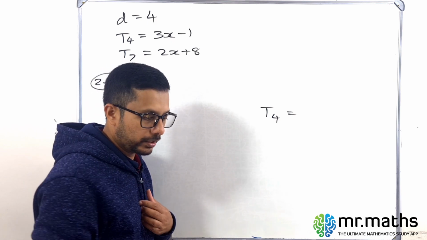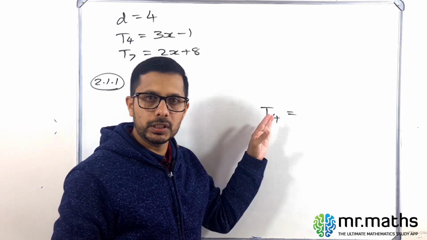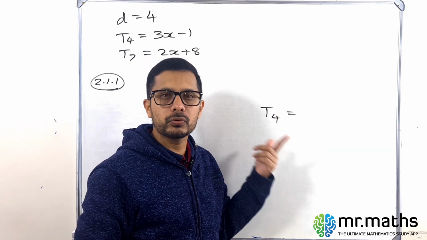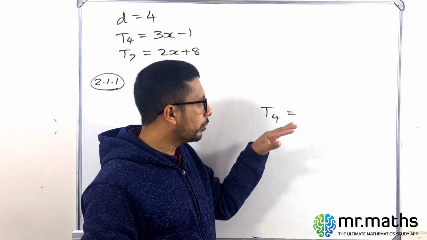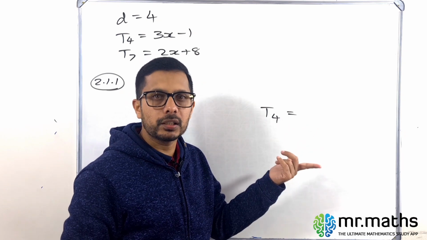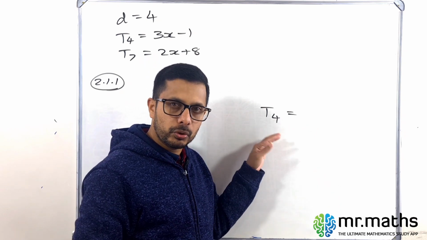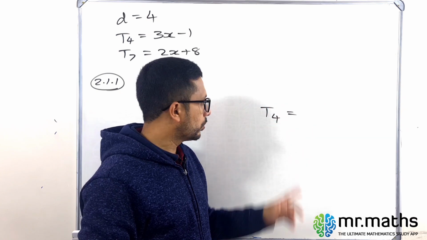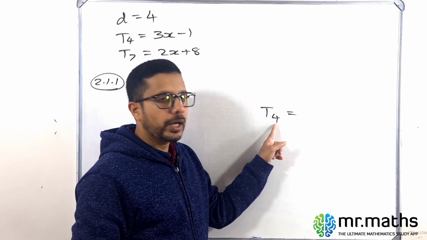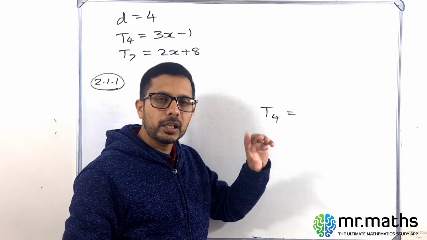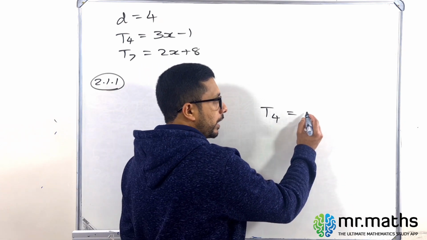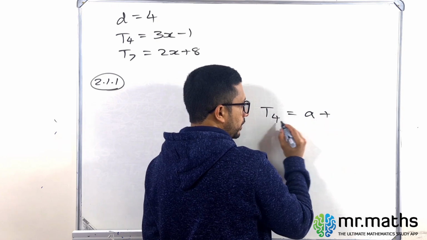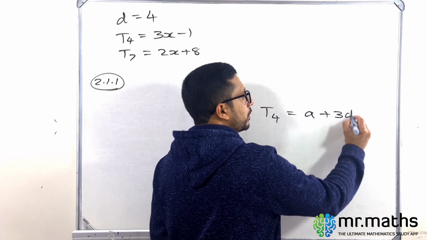Those who didn't watch that lesson, you have to watch it. Here I am not going to explain how you get that formula. Anyway, the fourth term: this is an arithmetic sequence, so a plus 1 less than this number, 3d.